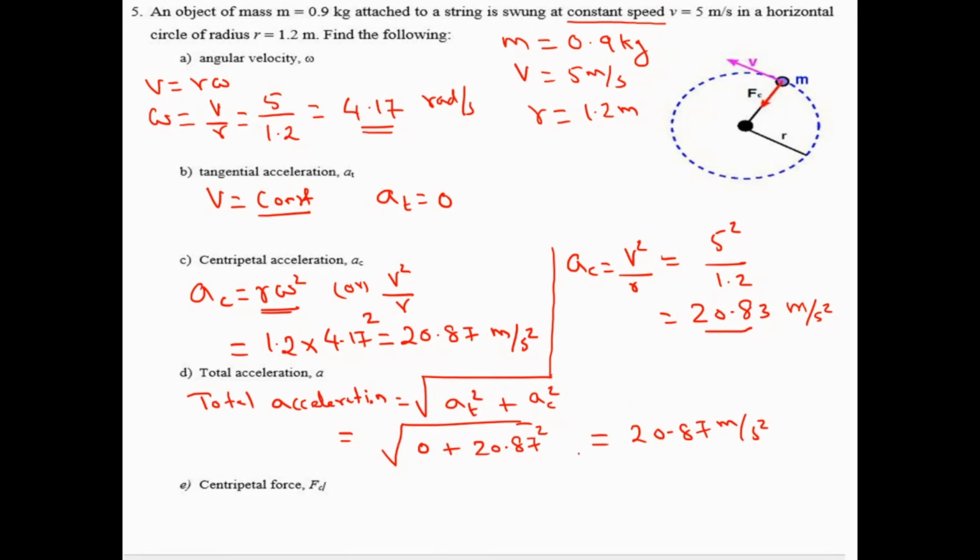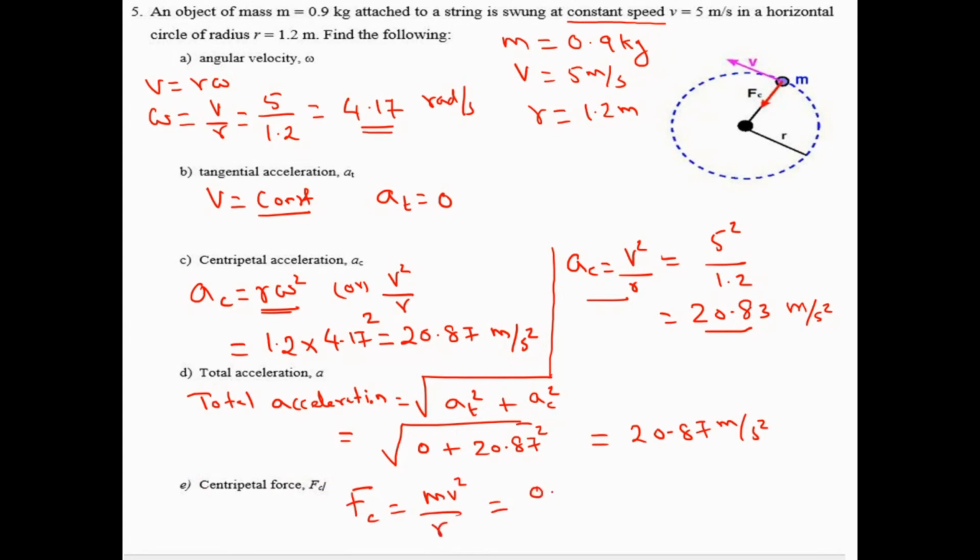Clear? The last question, we are going to find the centripetal force. As we studied in the theory, it's Newton's second law. We apply Newton's second law to get the formula F equals ma, and here a is the centripetal acceleration. When you substitute the centripetal acceleration in that equation, you get the centripetal force, which is equal to mv square over r.